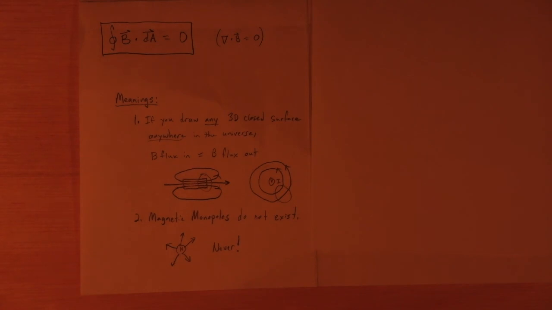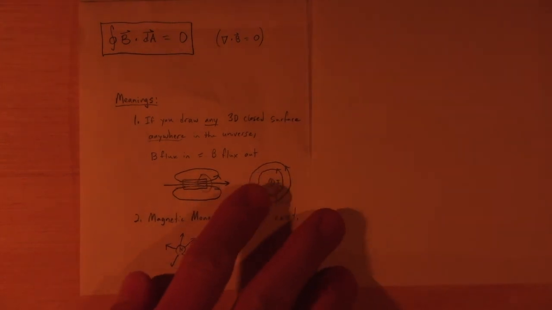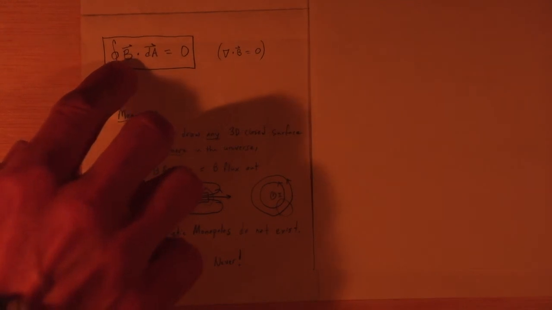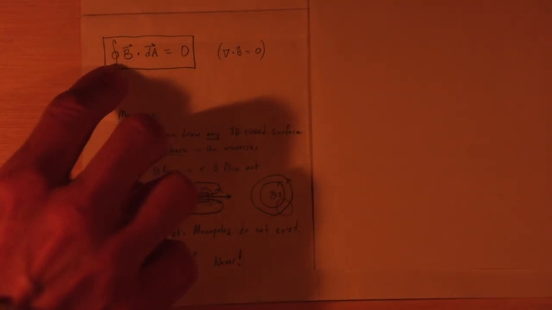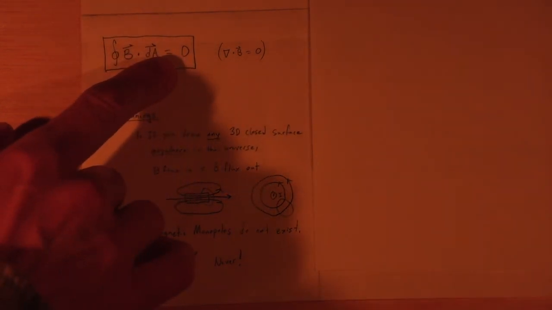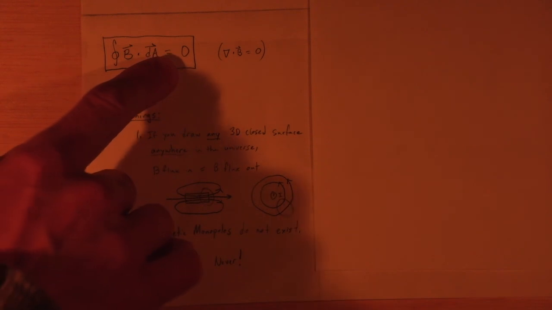Okay, so you see that we basically have Gauss's law, but with the magnetic field. So it's Gauss's law on the left side, B instead of E. So magnetic field integrated over a 3D closed box, that's what the circling integral means, it always equals 0. Okay?